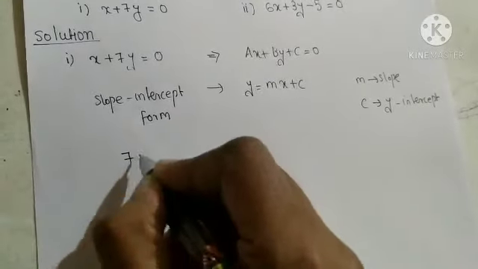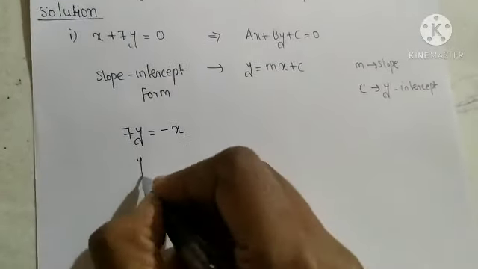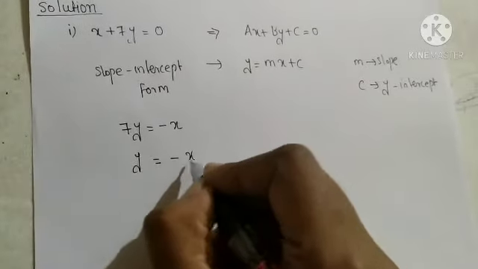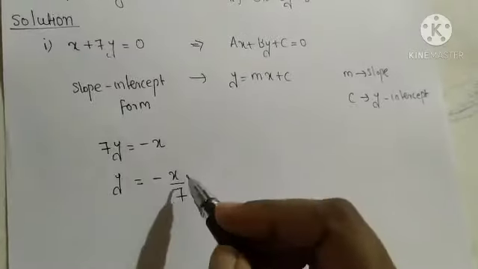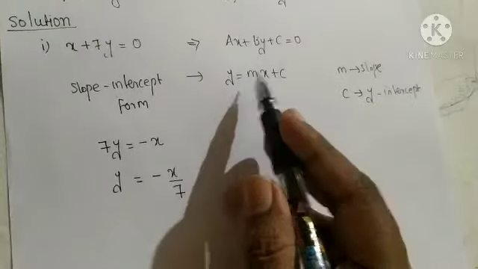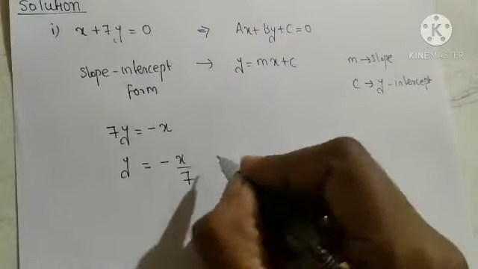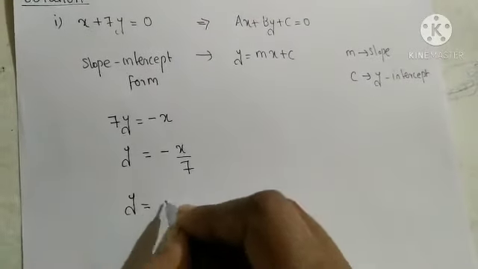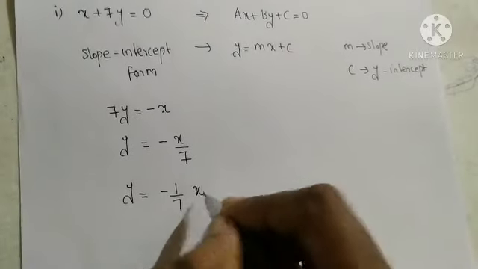We get 7y equal to minus x, and from this y equal to minus x by 7. Okay. So this is in the form y equal to mx plus c. This can also be written as y equal to minus 1 by 7 into x.